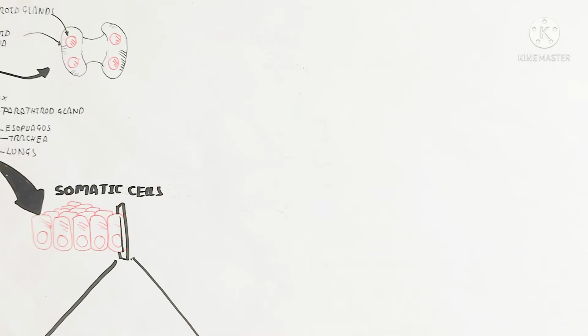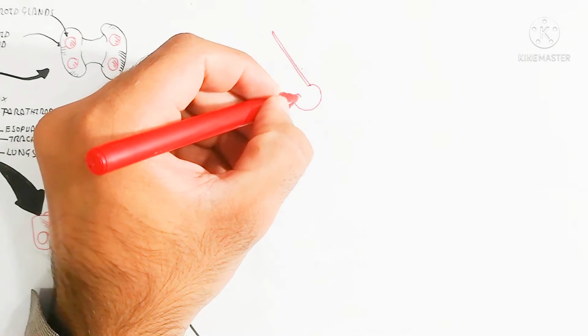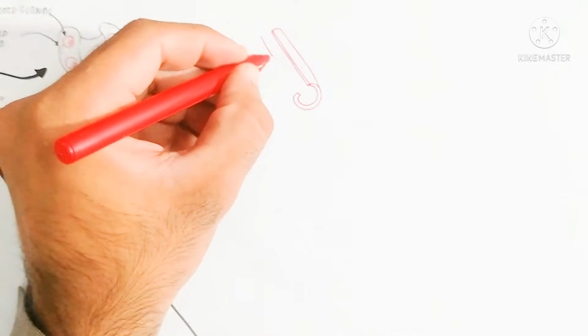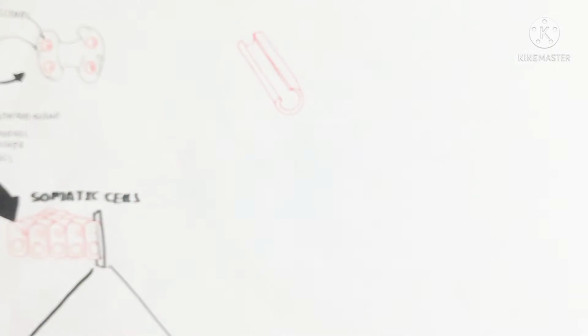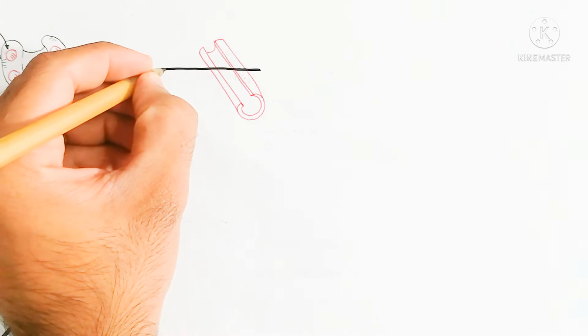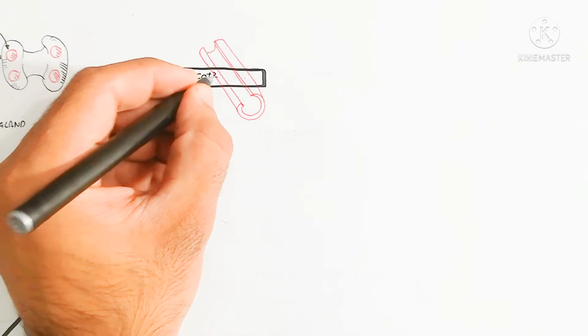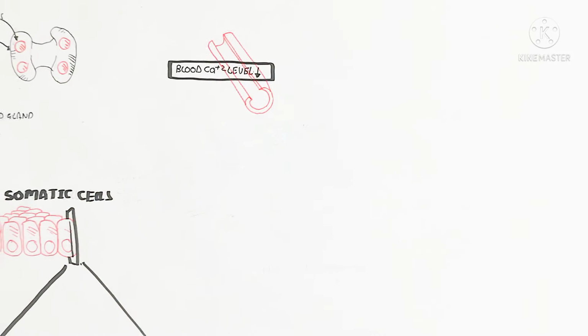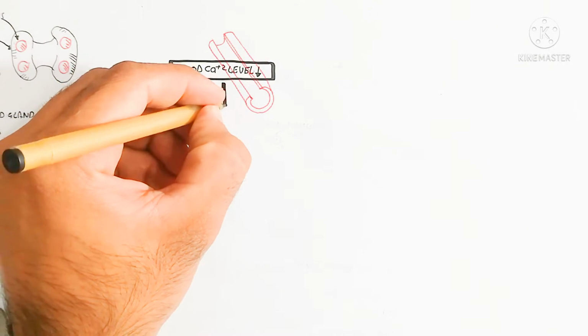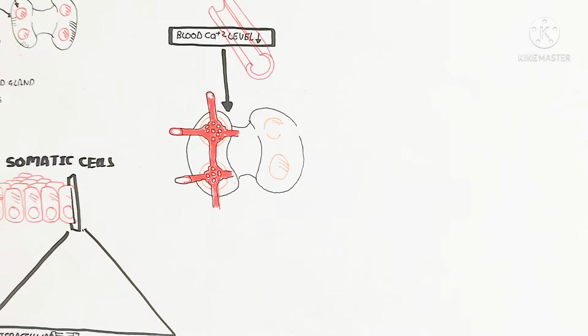Now we will discuss the mechanism of calcium as well as the role of the parathyroid gland. The gland produces a hormone which regulates the calcium level in the blood. The blood contains more calcium compared to the intracellular calcium.